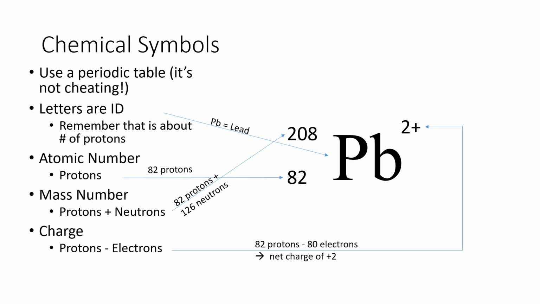Some details about the chemical symbol. We talked about this a little bit in lab today too. So from a periodic table, you get this 1 or 2 letter code that tells you what the element is. In this case, Pb is lead, so Pb will always mean lead.